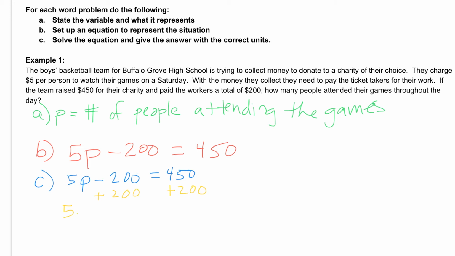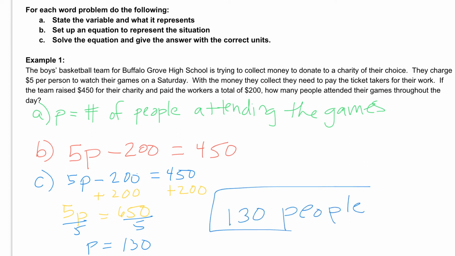This gives us 5P equal to 650. And then we have to go through and divide both sides by 5. So we get P is equal to 130. So we can say 130 people attended those games.